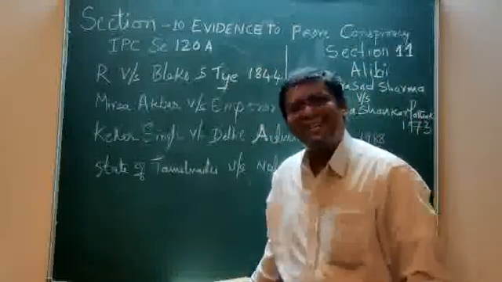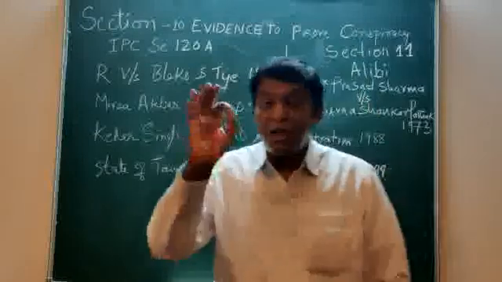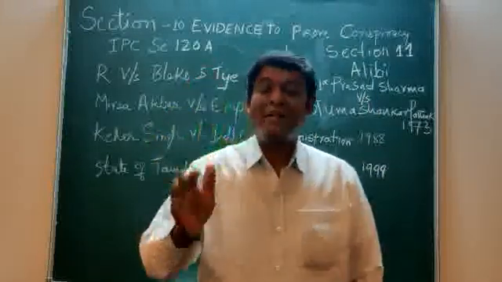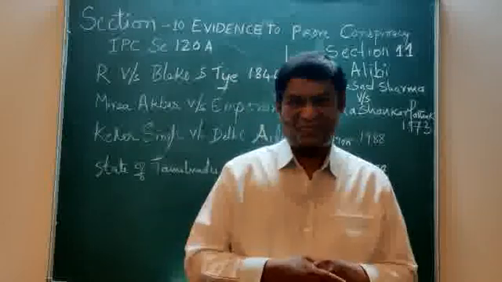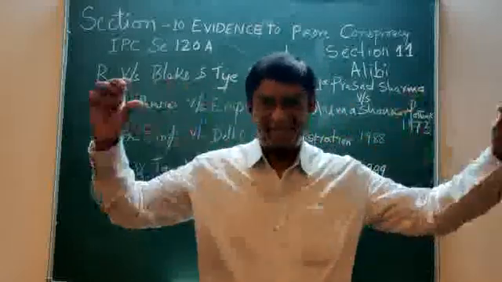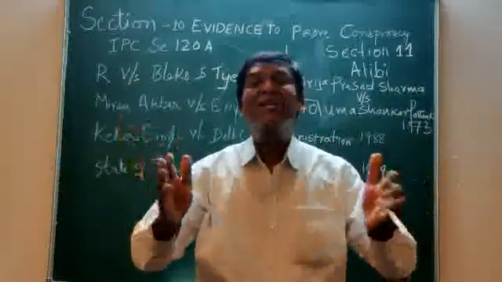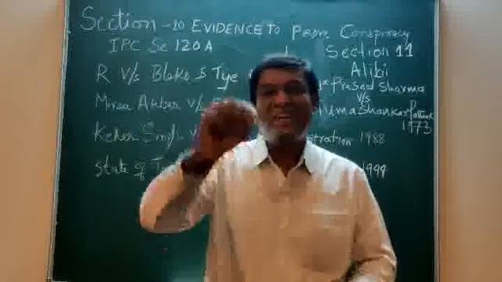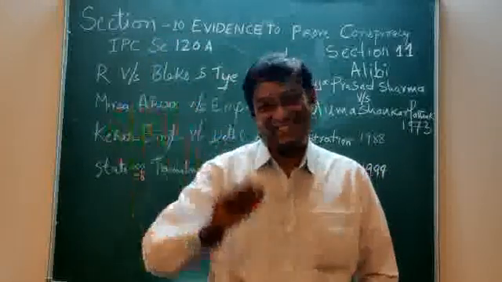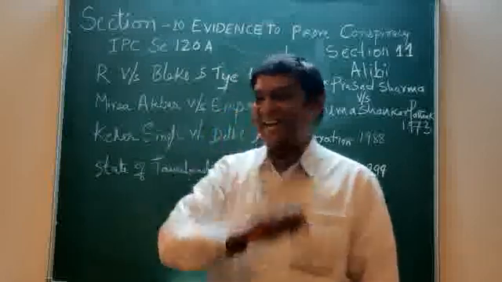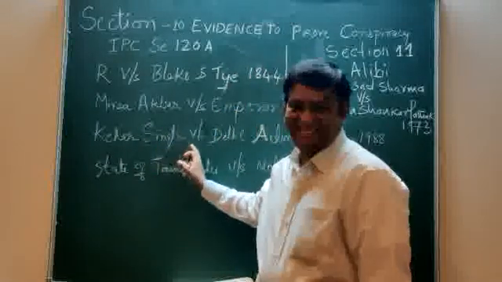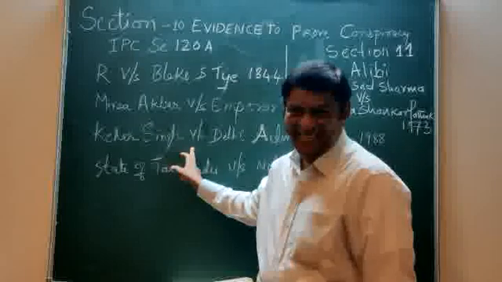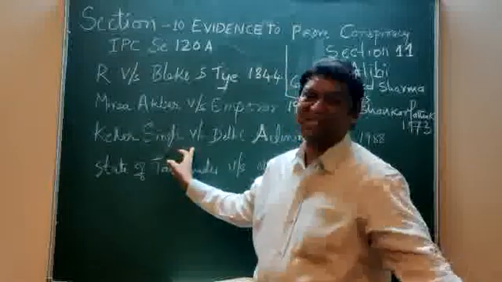You know, in New Delhi there is an office called the Comptroller and Auditor General of India. There was an accounts officer there, and his name was Kehar Singh. Originally he belonged to Punjab.